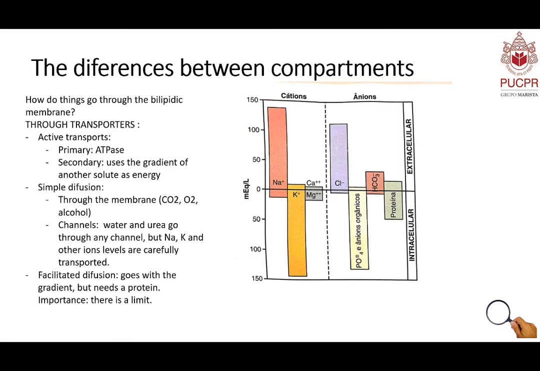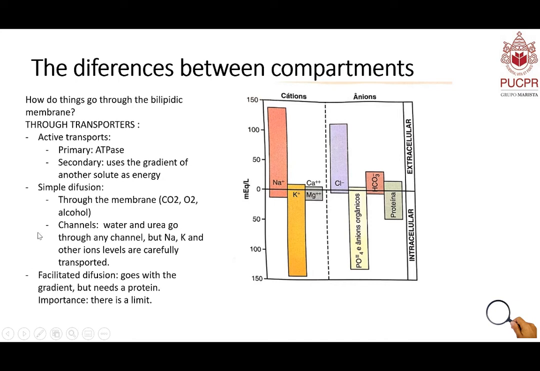Okay, well, since we have the bilipidic membrane that is highly selective, anything that wants to go inside the cell or outside the cell has to go through transporters. Okay, and if we think about transporters, then we really have to think about three ways for substances to go through the membrane.